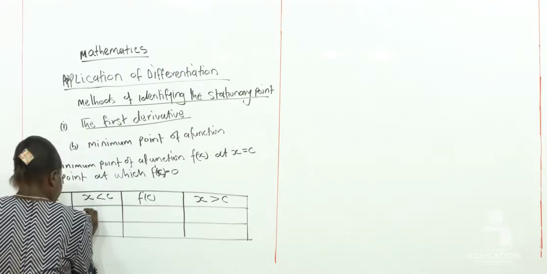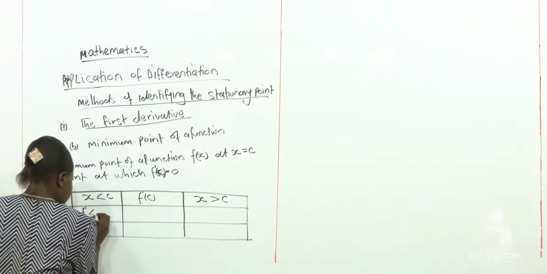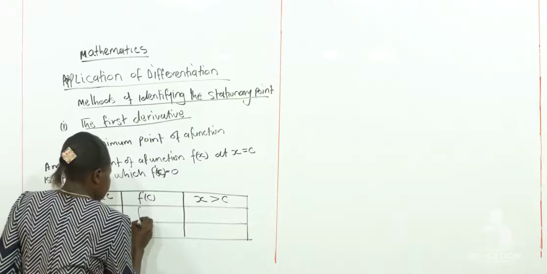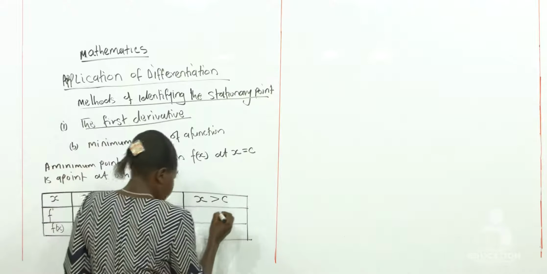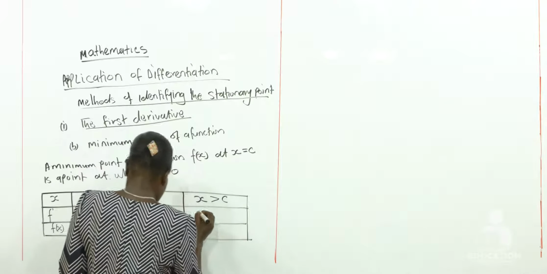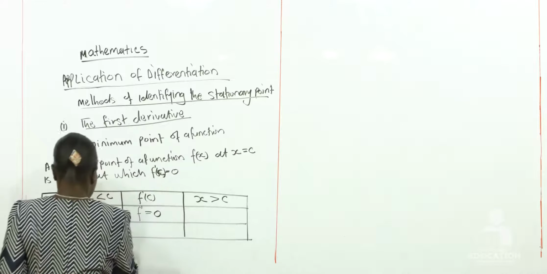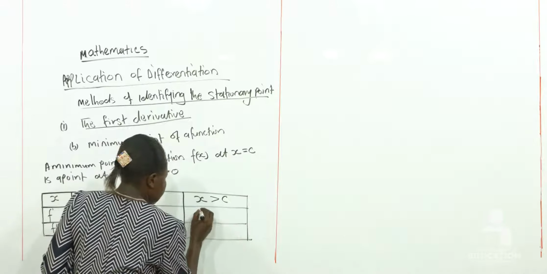So here we have a gradient less than 0, then a gradient equal to 0, and then a gradient greater than 0.